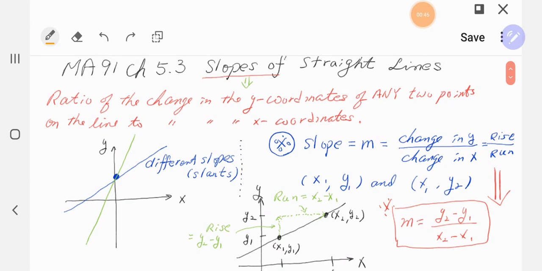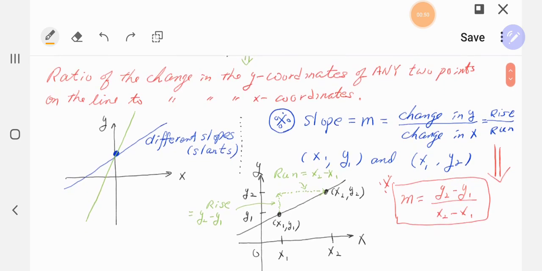If we have 2 points on one line, the change in y coordinate means the vertical distance between 2 points, and the change in x coordinate is the difference between the x coordinates, the horizontal distance.